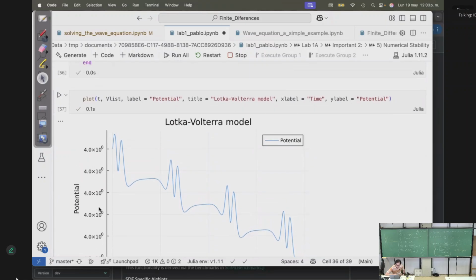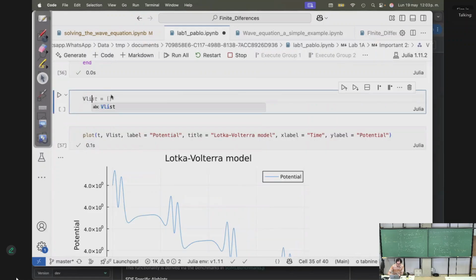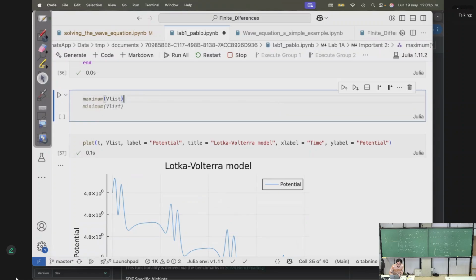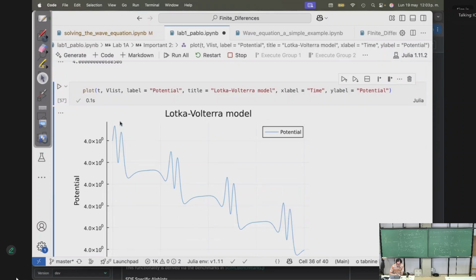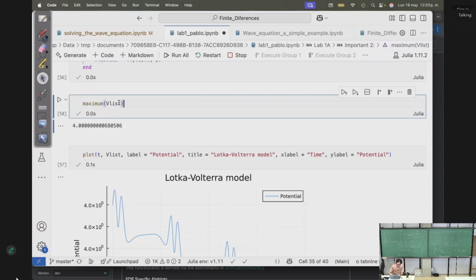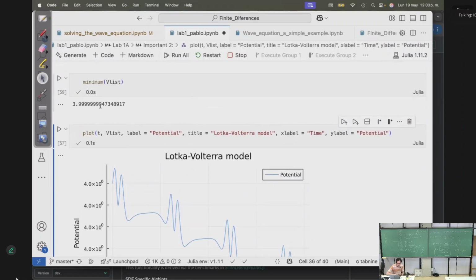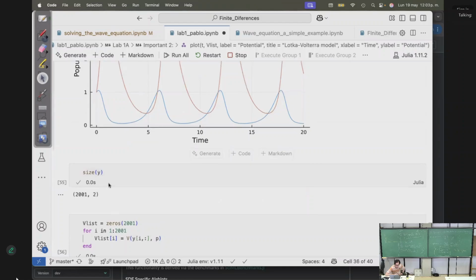What we can do is see what the maximum of B is. And we see that the maximum is 4.000068, something like this, and what the minimum is, and we have a very good conservation of this quantity here. So this is working very well.